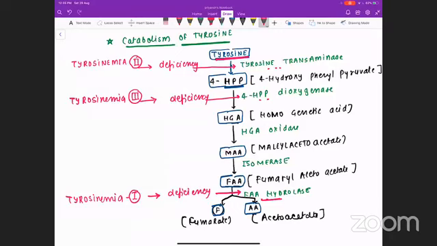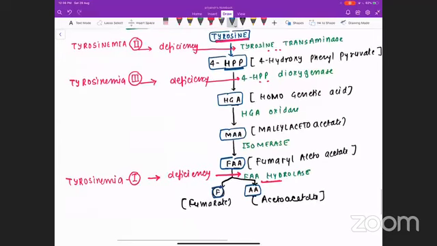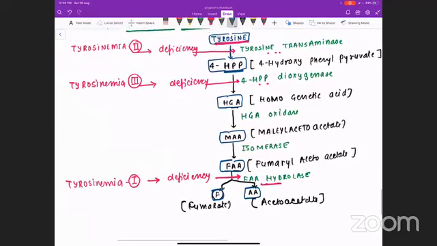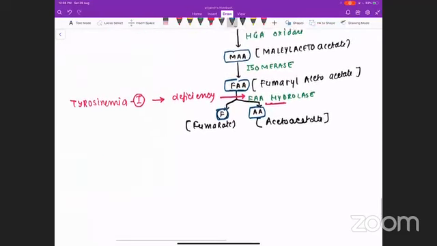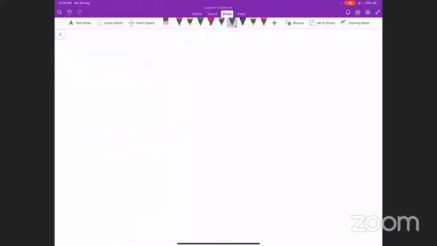Type 1, type 2, type 3: increased amount of tyrosine. Okay, let's see how we are going to remember this 1, 2, 3 sequence. I will come back to this pathway. I have discussed 3 disorders, the tyrosinemias, which can be type 1, 2, or 3.